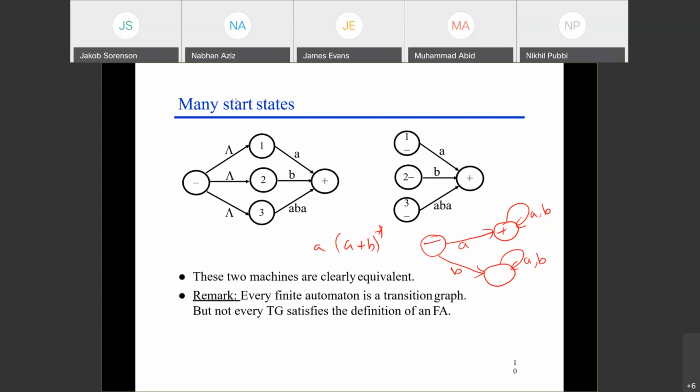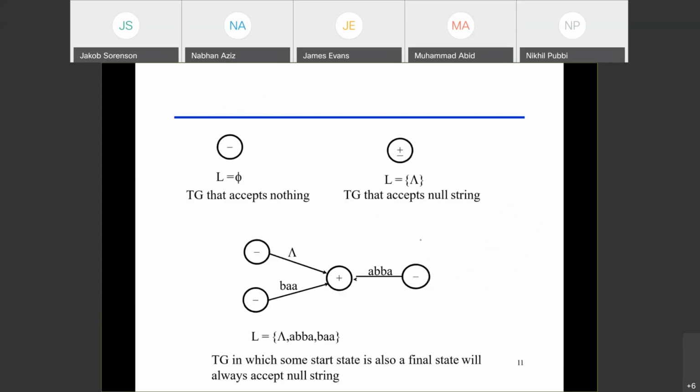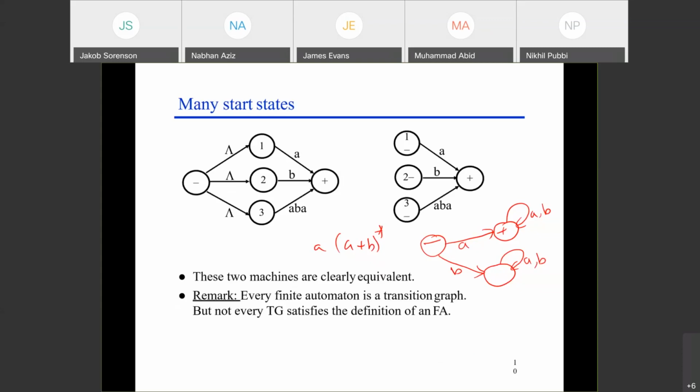Every FA is a valid TG, because if this is an FA, what does TG say? TG says minimum one start state, yes, and then TG does not have any restriction. Final state may not be there or maybe more. Same for FA. TG says you can pass letter by letter, and it's okay, you can pass a word also on the edges.